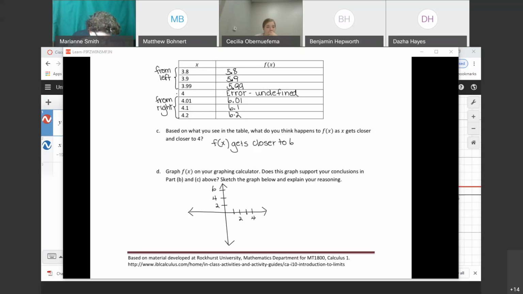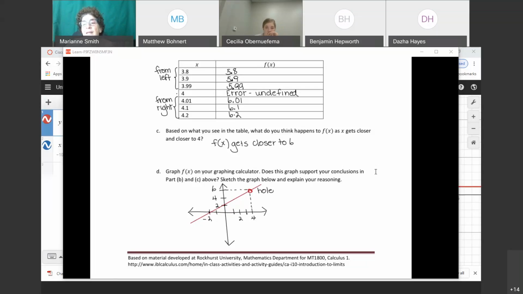All right, so my graph kind of looks like this. But right over here, there's a hole. So you can see that right when x equals 4, I get a hole.